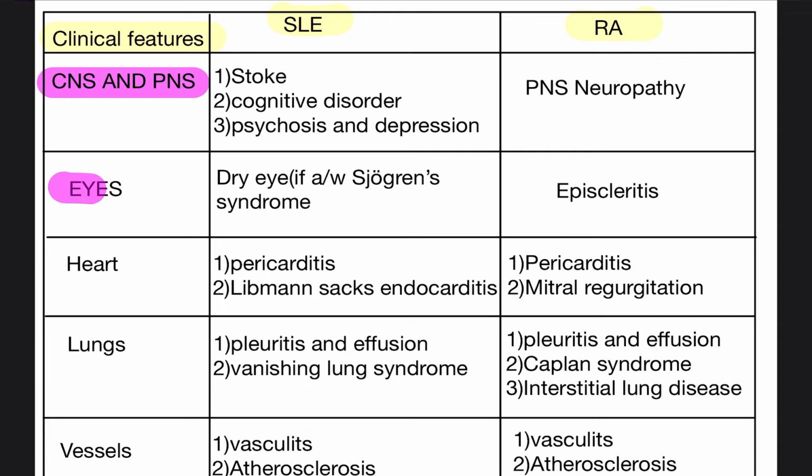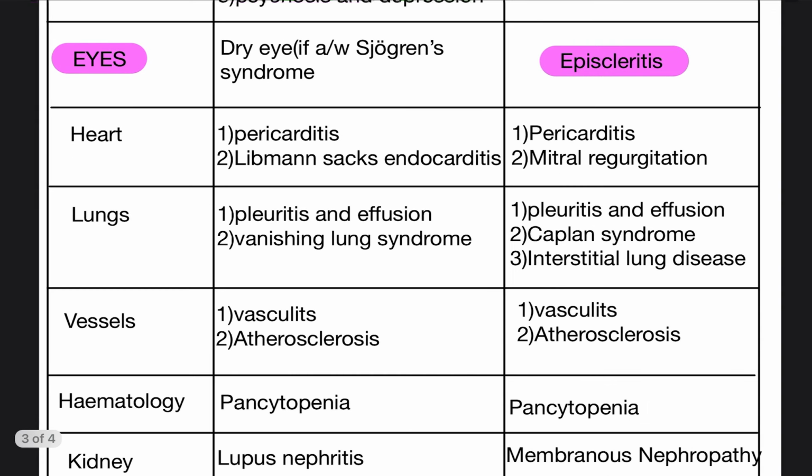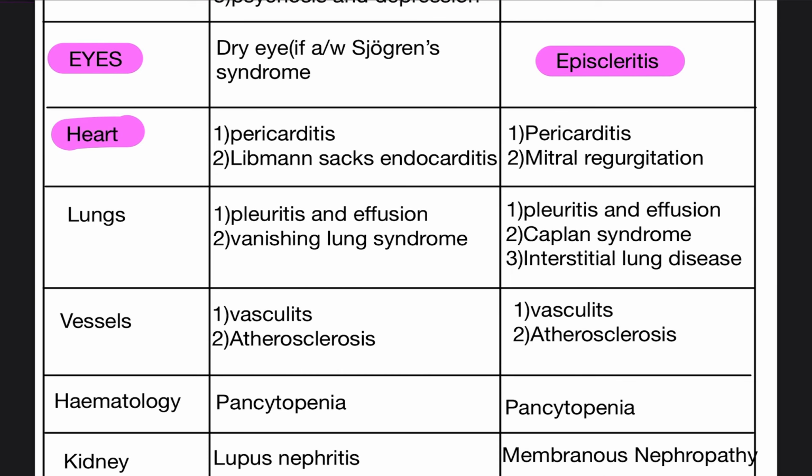The manifestation in eyes: in SLE, we get dry eyes because SLE is associated with Sjogren's syndrome. And in rheumatoid arthritis, we get episcleritis. Now, heart. In SLE, we get pericarditis and Libman-Sacks endocarditis. In rheumatoid arthritis, pericarditis is common, but we also get mitral regurgitation.